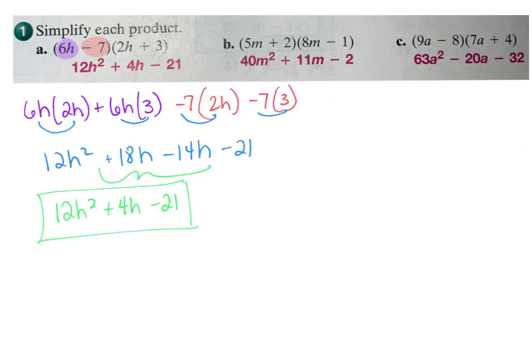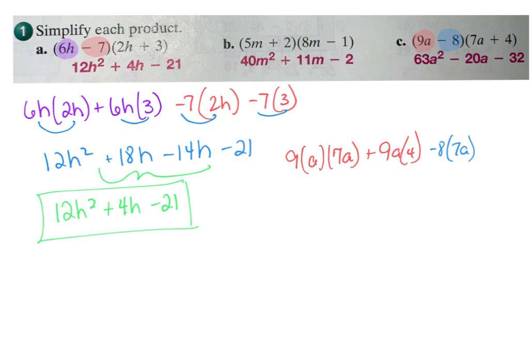All right. Next one. So for this one, we are going to distribute for C. This is the next one y'all wanted to see. 9a. All right, so we have 9a times 7a, 9a times 4. Then we're going to distribute a negative 8. So negative 8 times 7a.